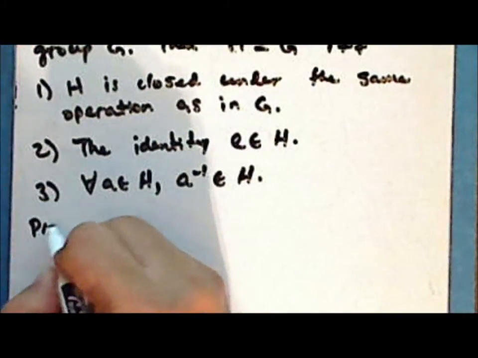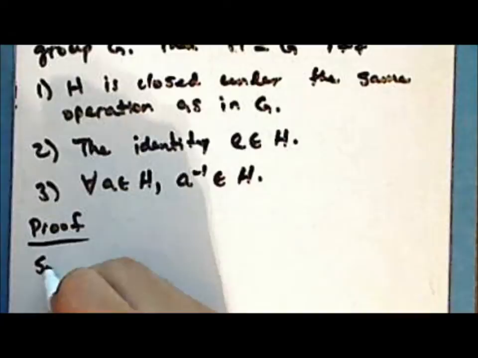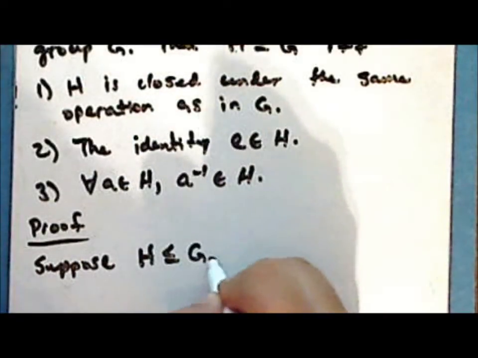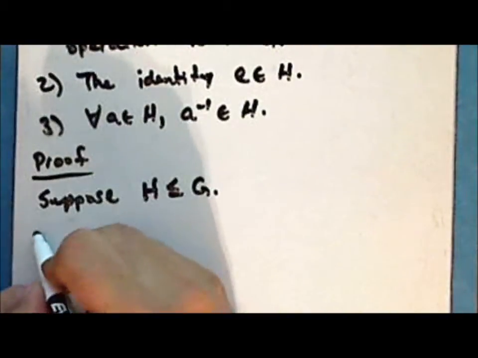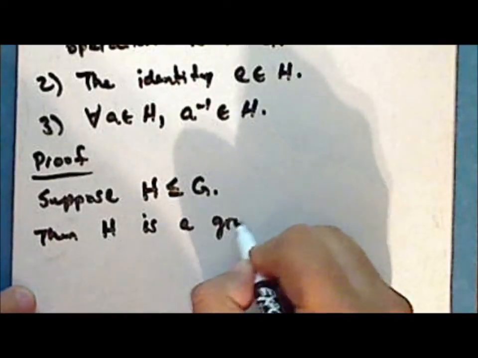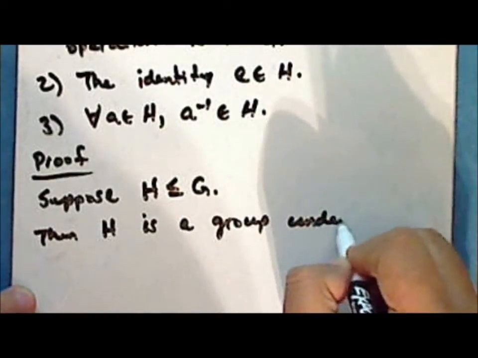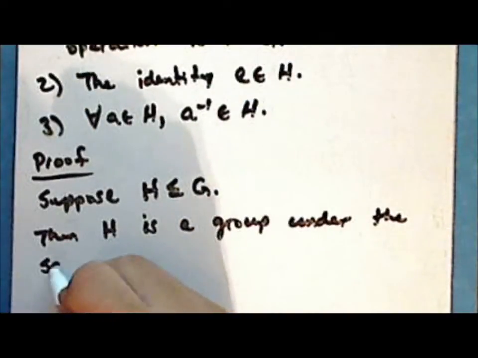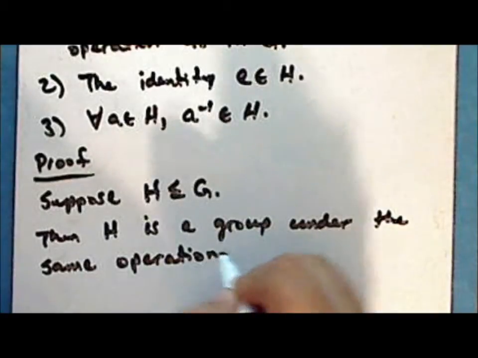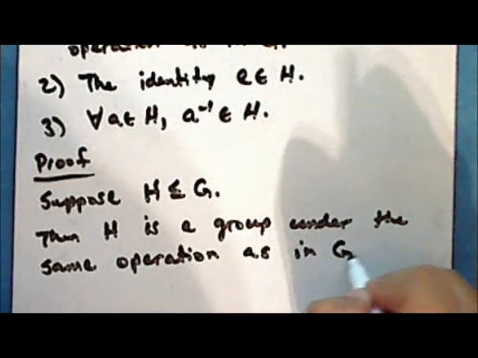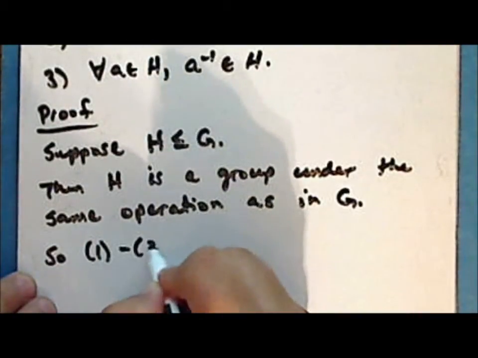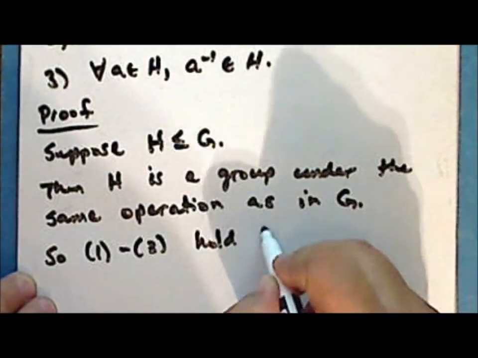So proof. Suppose that H is a subgroup of G, then H is itself a group under the same operation as in the group G. And so conditions 1 through 3 hold by definition.